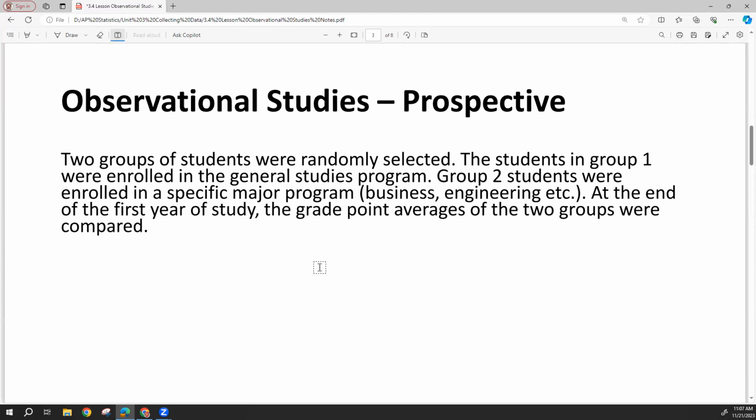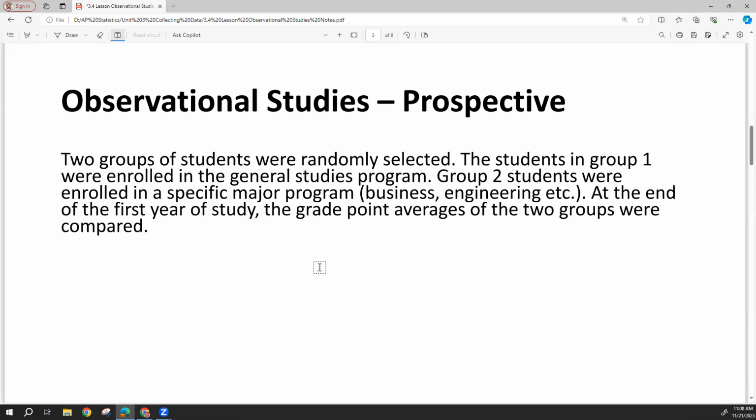So here's an example of a prospective observational study. We have two groups of randomly selected students, and we place them into two different programs. And these are college students. One group of students takes a general studies program, and the other group takes a specified major.